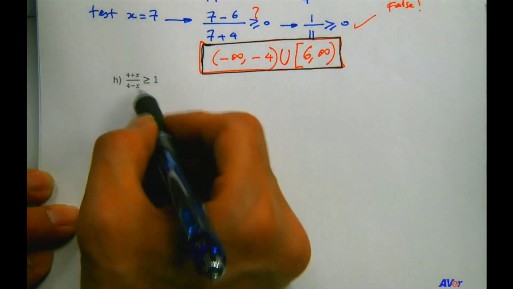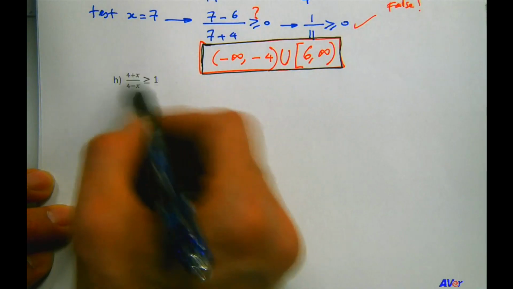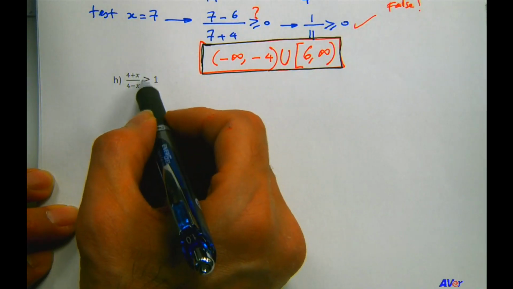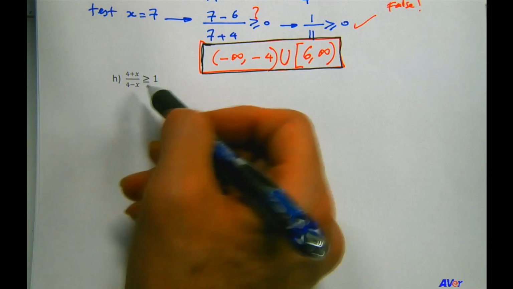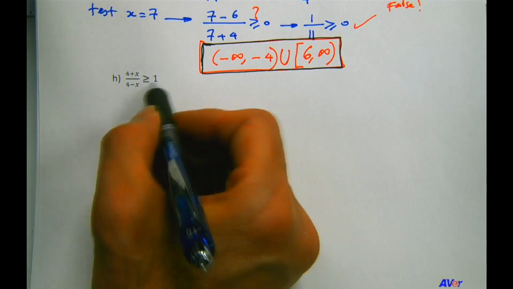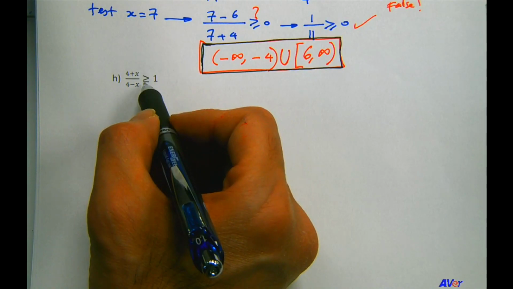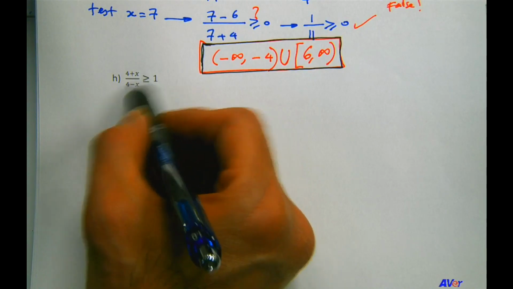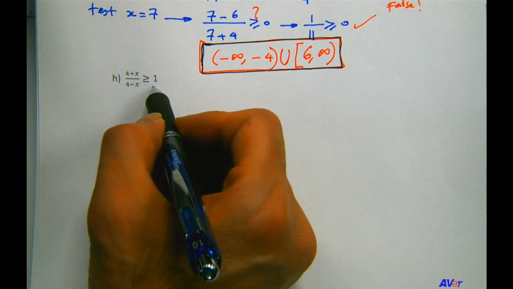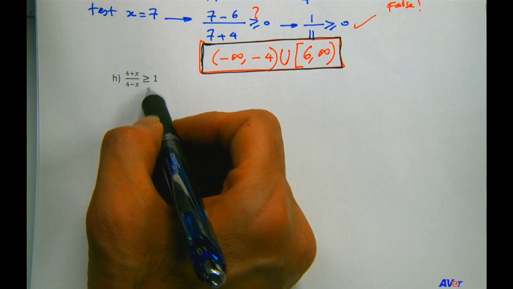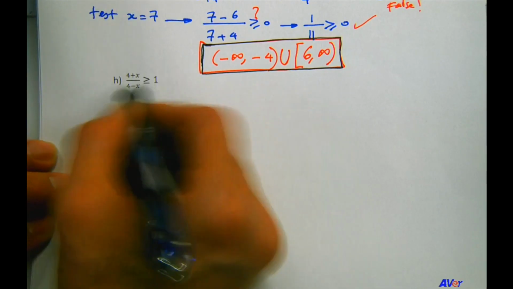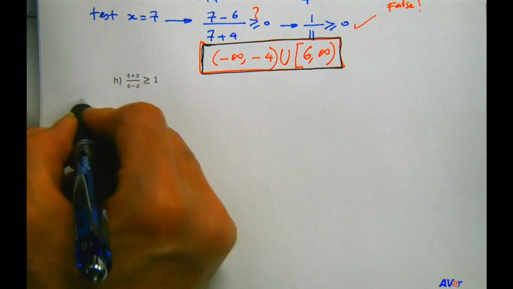Okay, so here we have some expression on the left that we want to be greater than or equal to 1. Well, let's make this easier on ourselves by moving this one to the left and setting the other side equal to 0. Okay, so first we have to take the common denominator here.